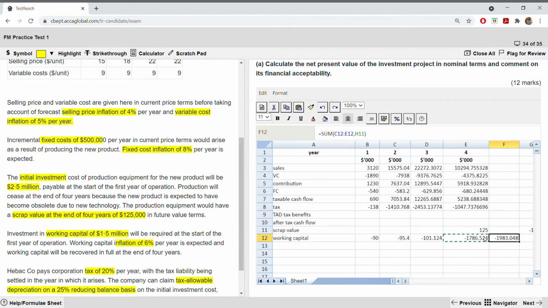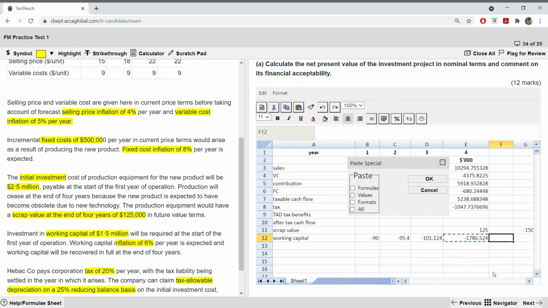You cannot copy paste directly because functions are used here. What you can do when you just want to copy a value from a cell: copy, go to paste special and go to value, that's it. It will only copy the value, not the formula.